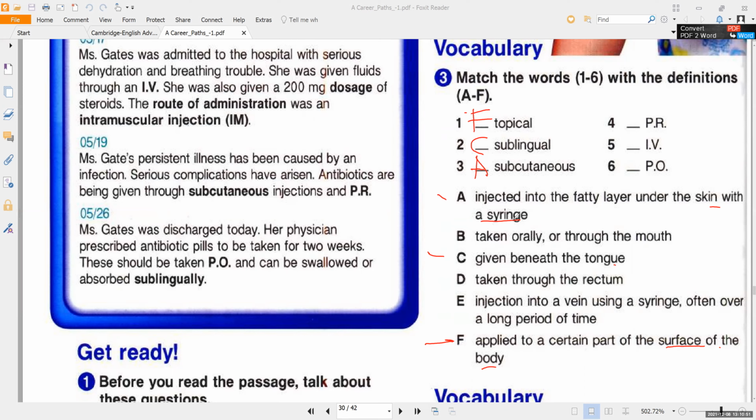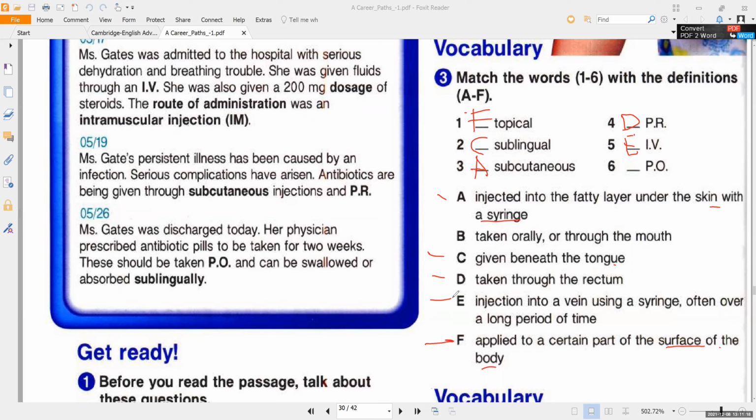So this is subcutaneous. Number four, PR, is D, taken through the rectum. IV, number five, is E, injection into a vein using a syringe, often over a long period of time.